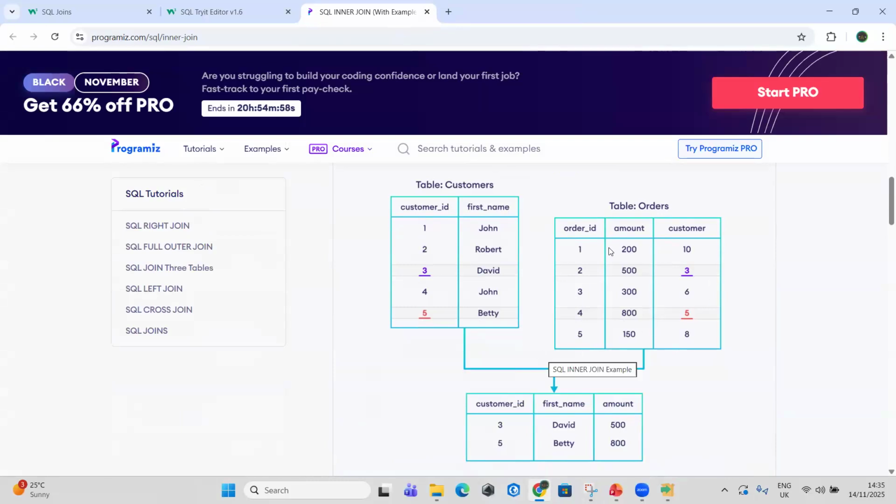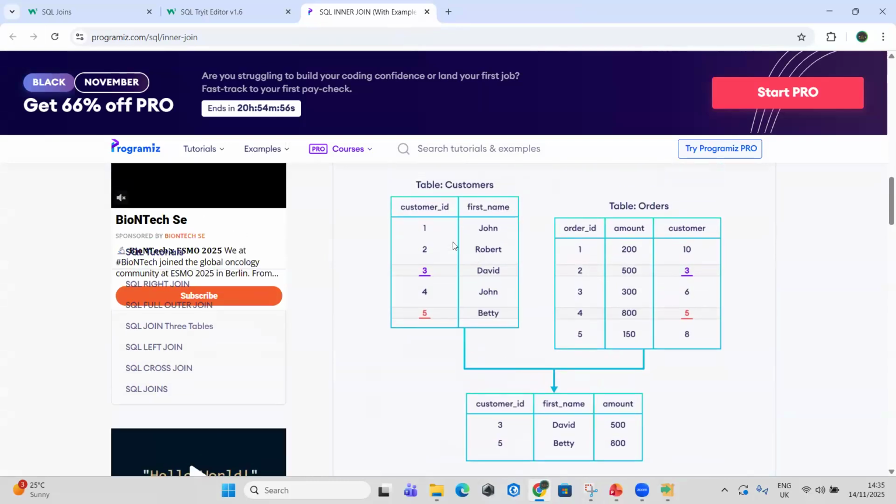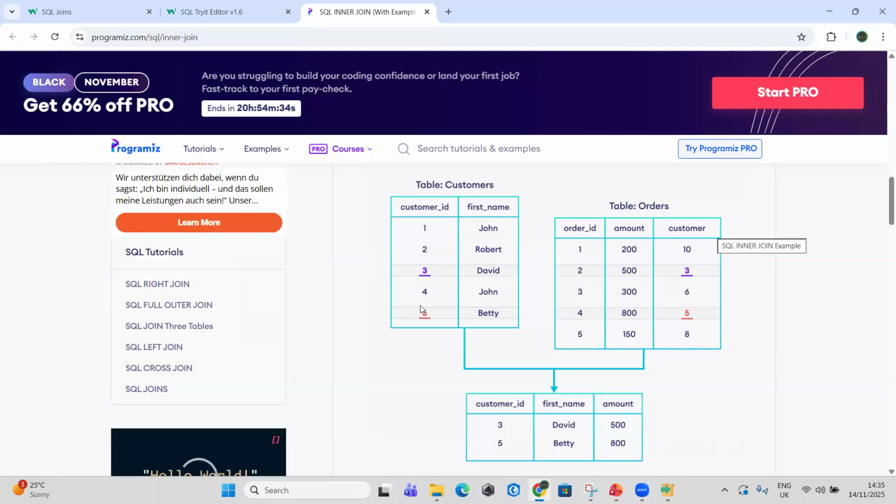Now there was this common customer ID. Here it was by the name of customer, but it was the same as customer ID. This is customer ID only, but the person who made this table named it customer, not customer ID. It is the same entity, right? For example, here the first name is written as John. Maybe I make a column here and call it name and then all these names. But the name is different. Here it is name, here it is first name, right?